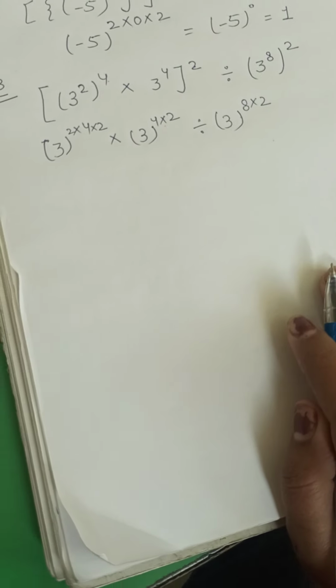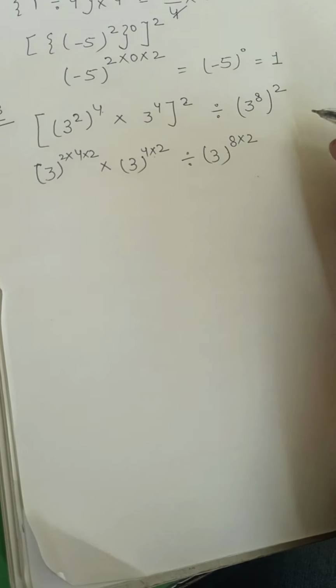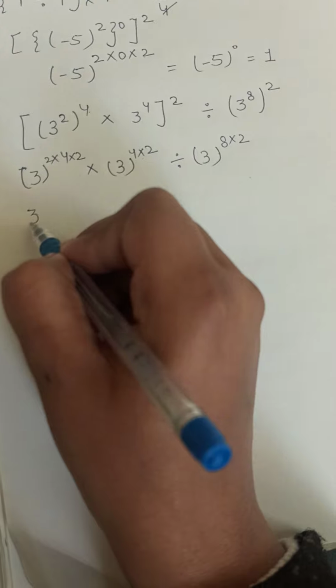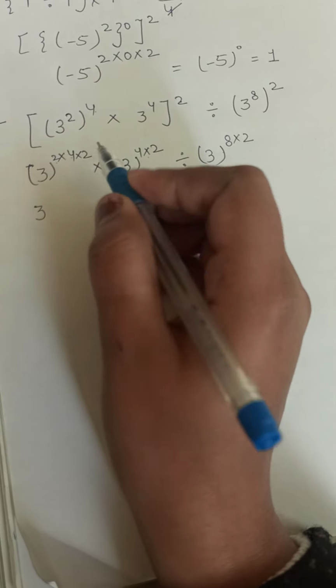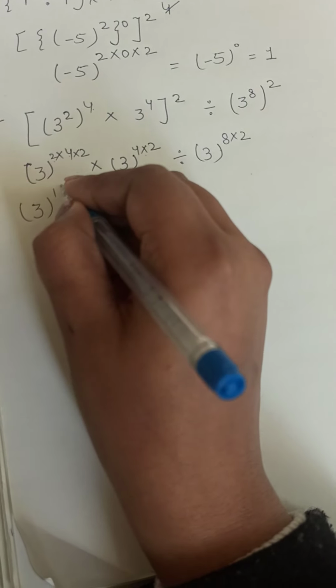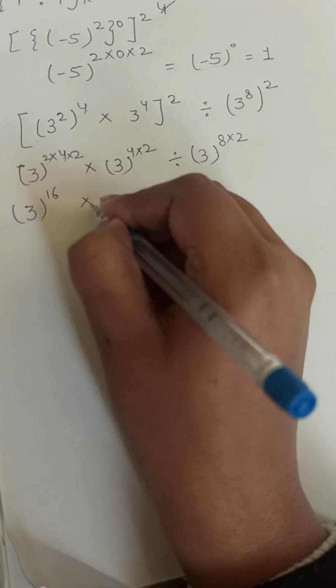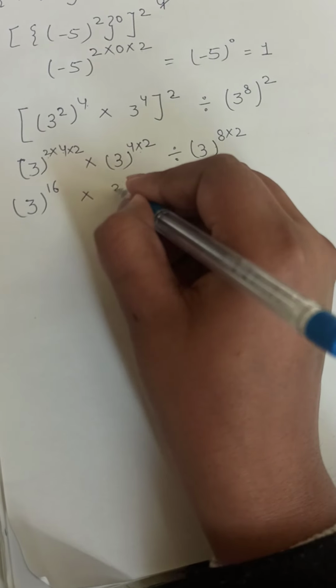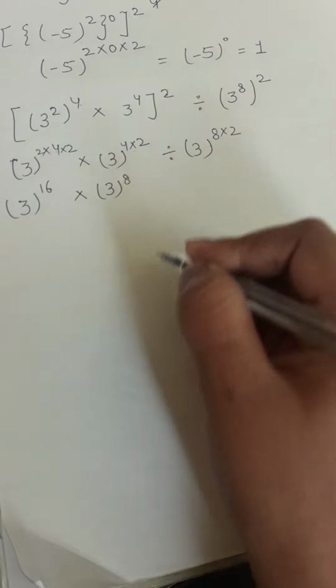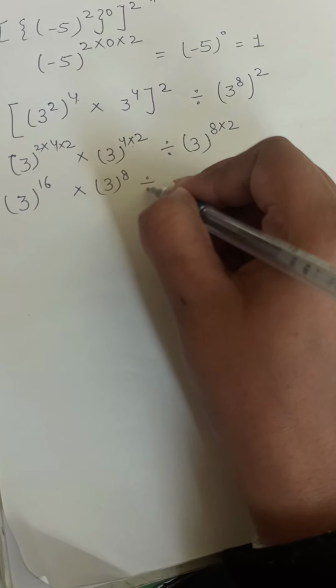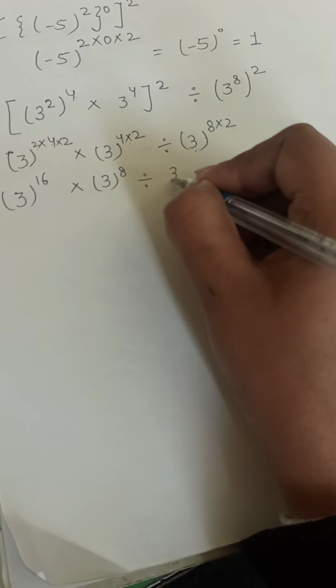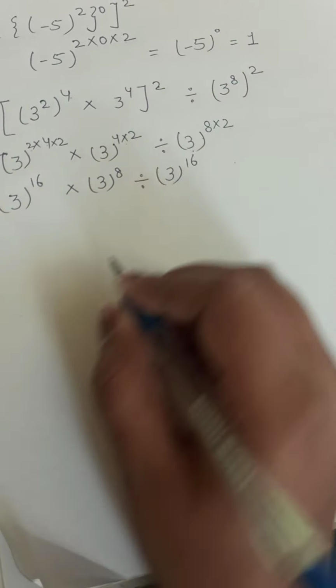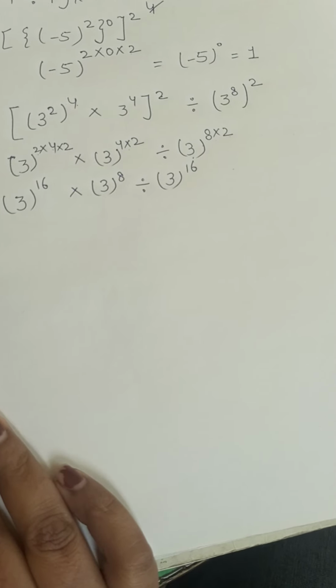And here we use the laws of power to power. So this is 2 4s are 8, 8 2s are 16. 3 to the power 16 multiply 4 2s are 8, 3 to the power 8. Divide by 8 2s are 16, 3 to the power 16. Clear?